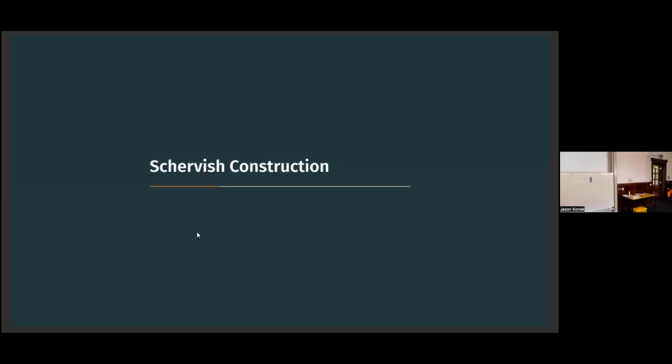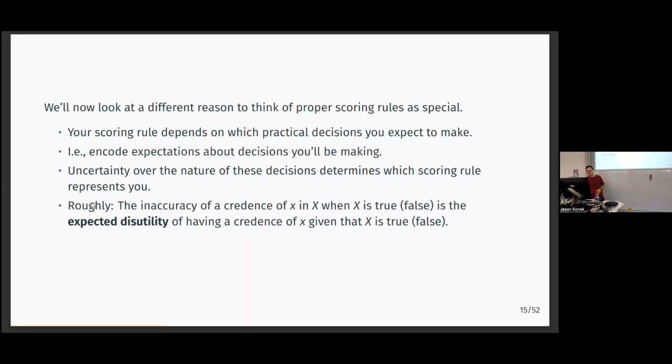All right. So for the main event, we'll talk about the Savage construction. I guess maybe I should speed it up a little bit. So you'll see from this why proper scoring rules are special, and how you get strictly proper rules, when you would get those.